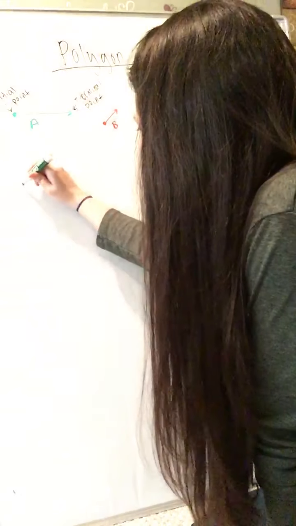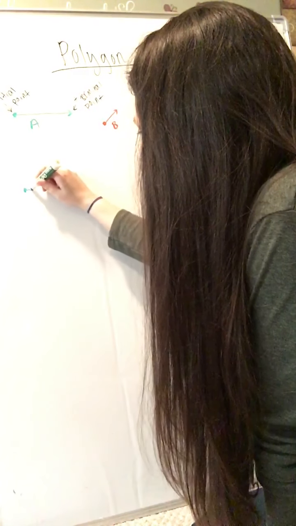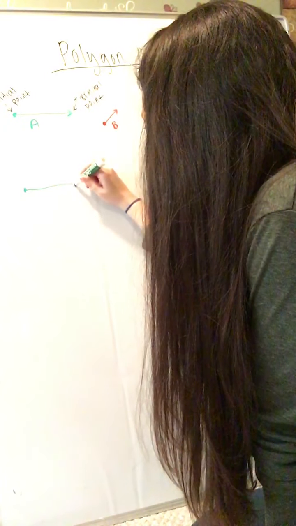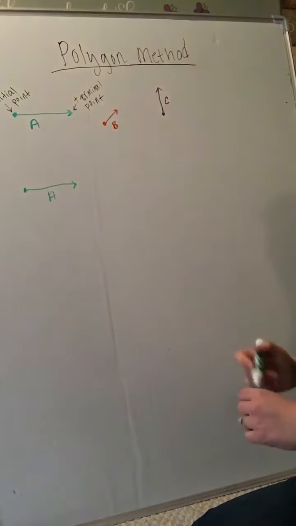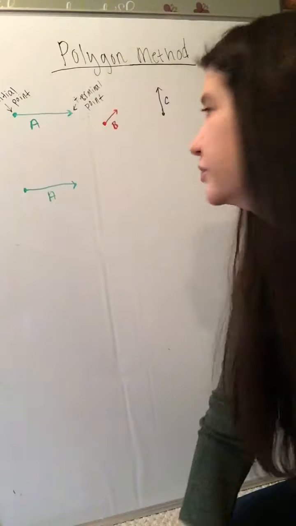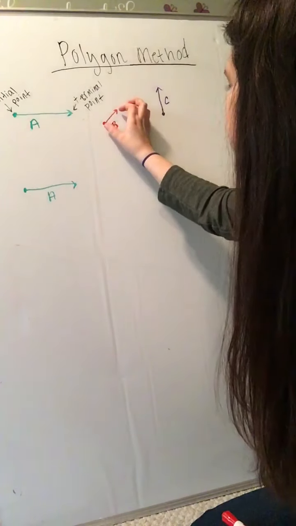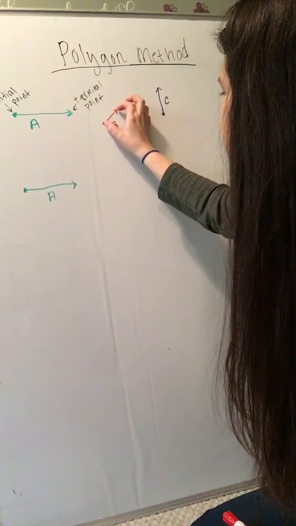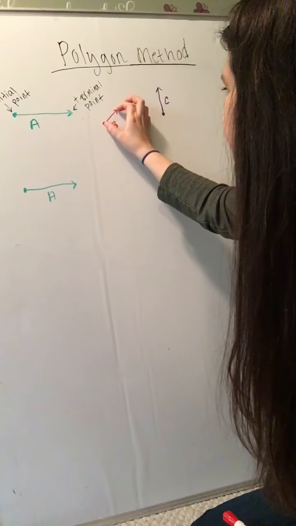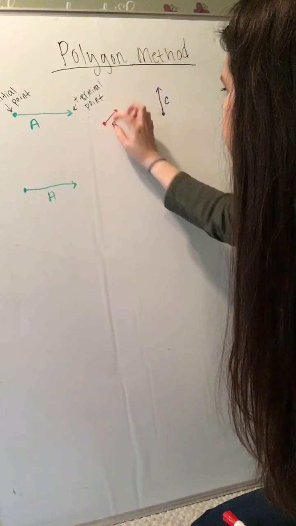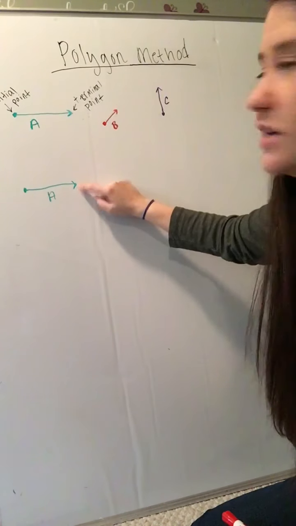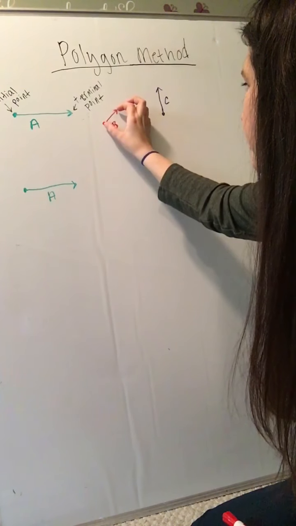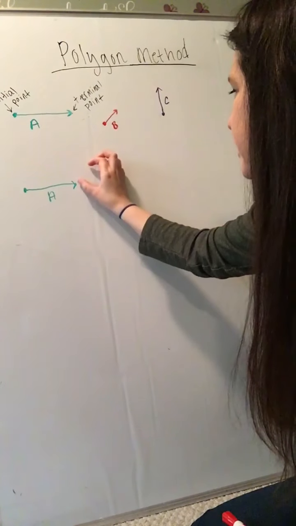So I'm going to try to draw vector A again down here. That one shouldn't be too hard. Alright, so that's vector A. Now if I want to add it to vector B, I want to recreate vector B, making sure I don't change the direction or the size of the vector, but I want to place the initial point of vector B on the terminal point of vector A. It's like if I could take this on a computer and drag it and line it up down here.